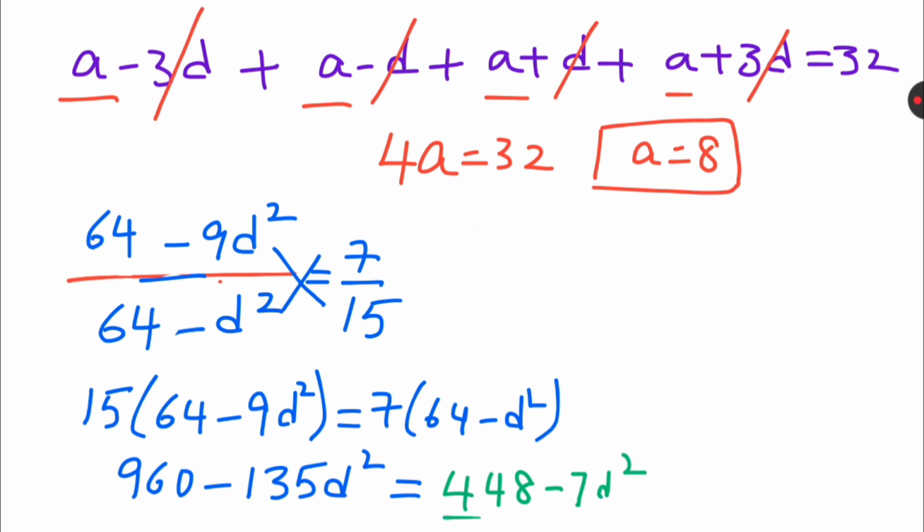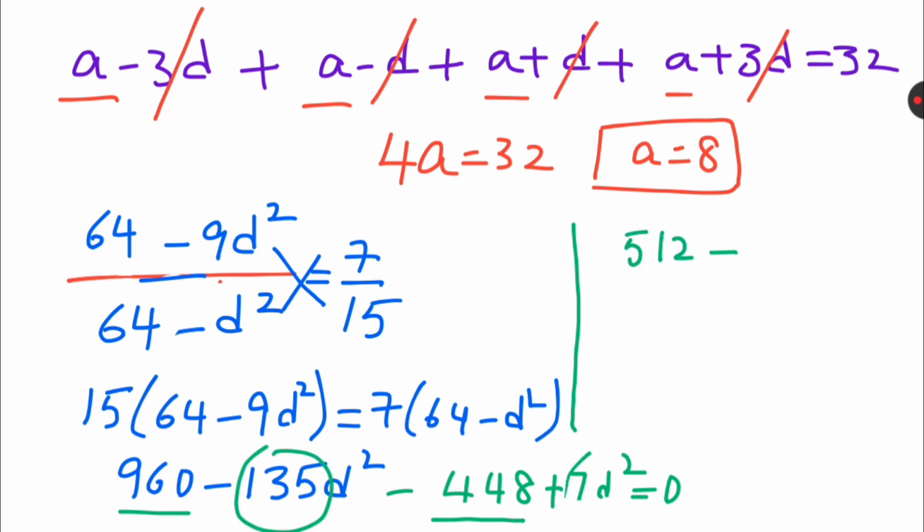If you take the right hand side terms to the left hand side, it is going to be minus 448 plus 7 d power 2, equal to 0. 960 minus 448 gives 512. Minus 135 plus 7 gives minus 128 d power 2, that is equal to 0.